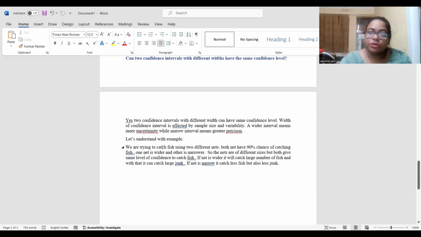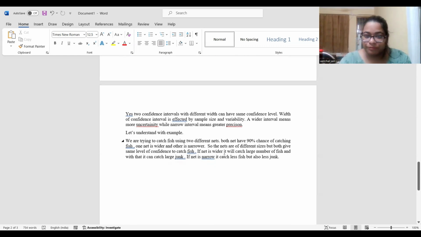Both the nets have the same confidence level, but the difference is that one net is wider and one net is narrower, meaning both have different confidence intervals. So the nets are of different sizes, but both give the same level of confidence, that is 95% to catch fish.